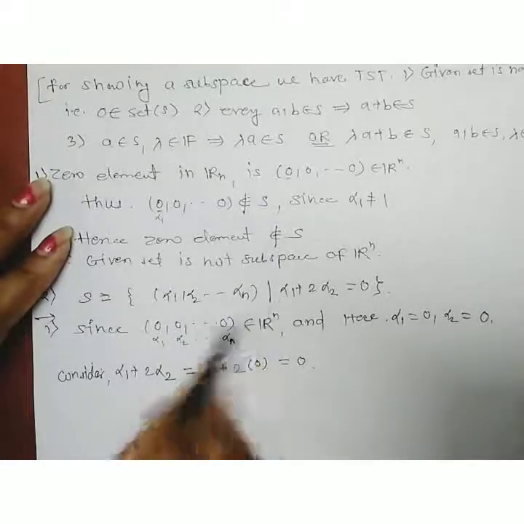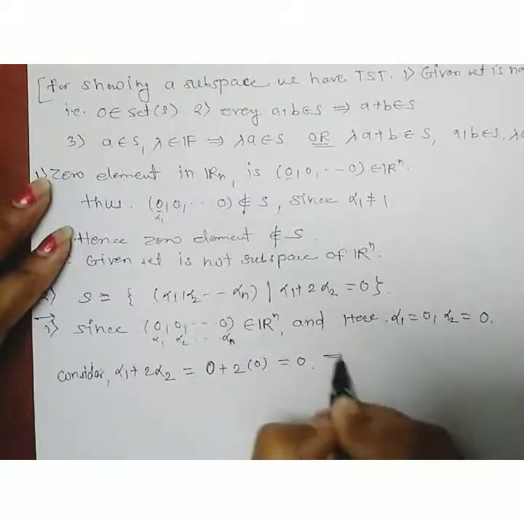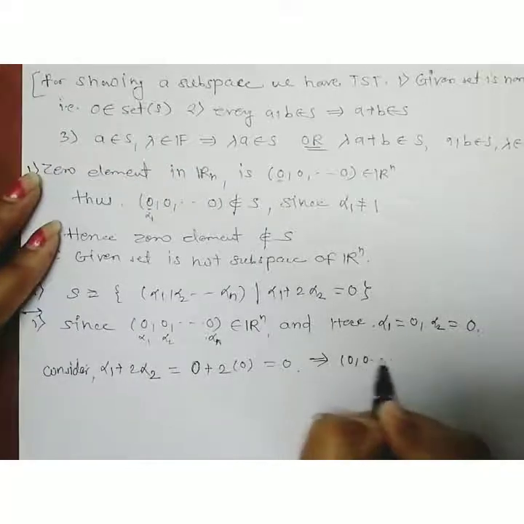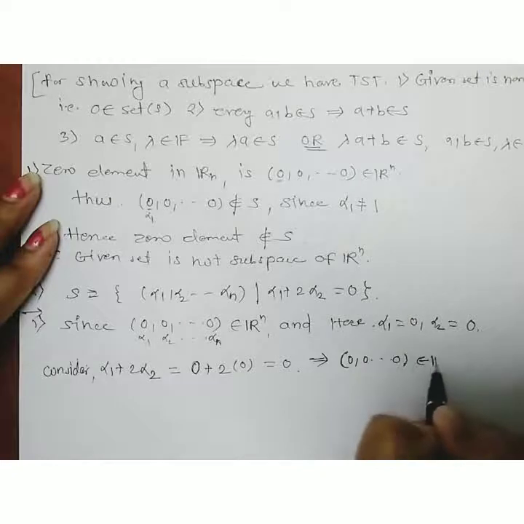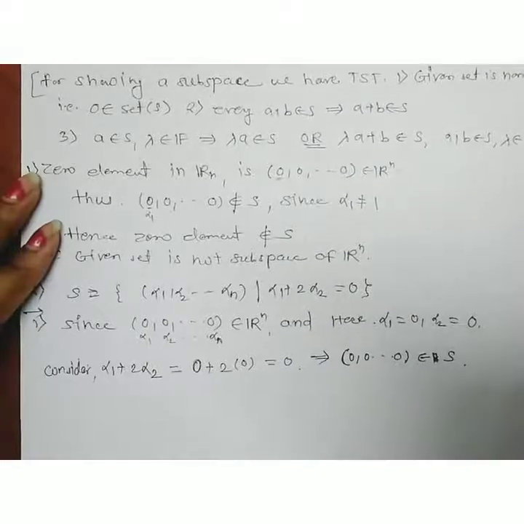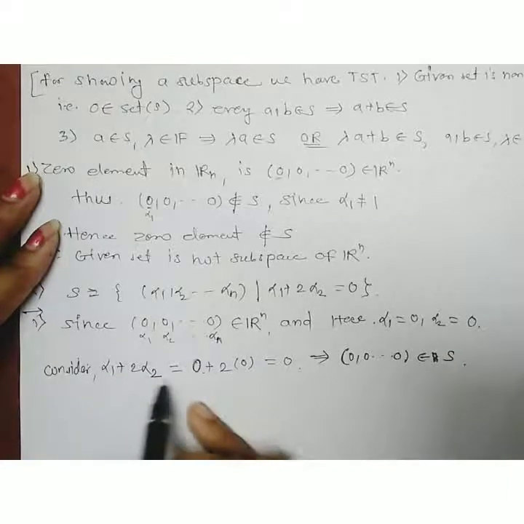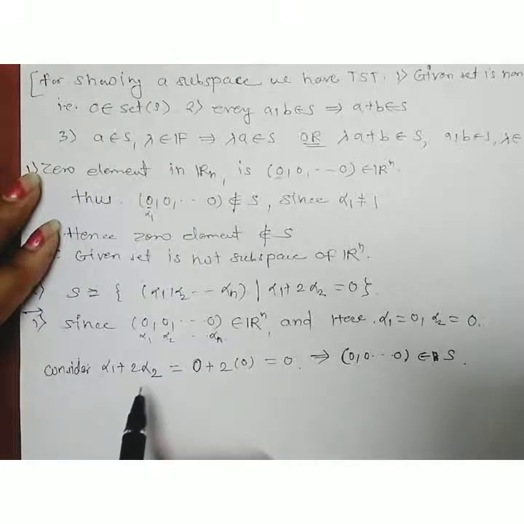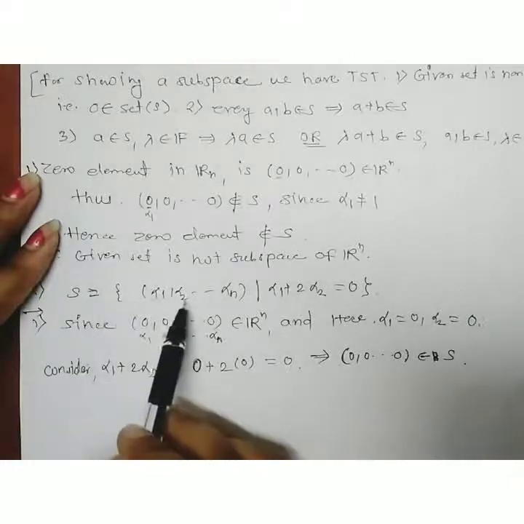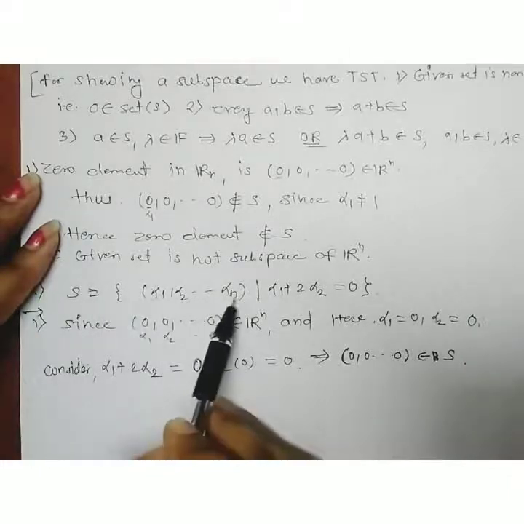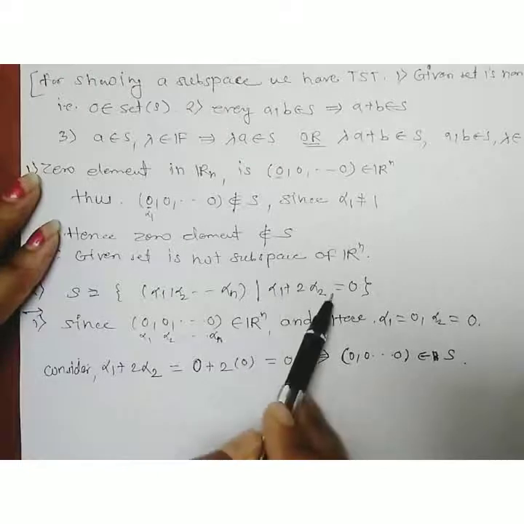This condition is satisfied for this vector, which implies that the zero vector belongs to the set S. The elements in set S are nothing but the vectors of this form where this condition is satisfied.